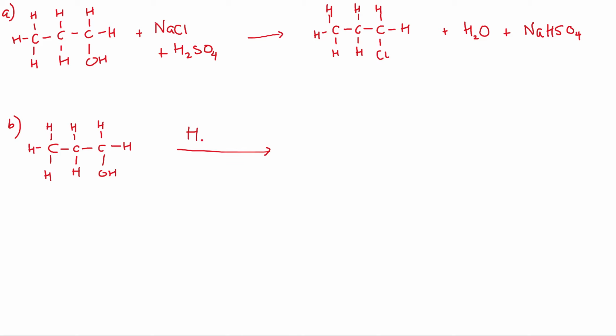So we need to have a strong acid, usually phosphoric acid, and we need to heat it under reflux, and that's going to form the corresponding alkene, which looks like this. And we are going to release a water molecule. Because it is an elimination reaction, we do have to end up with two products.